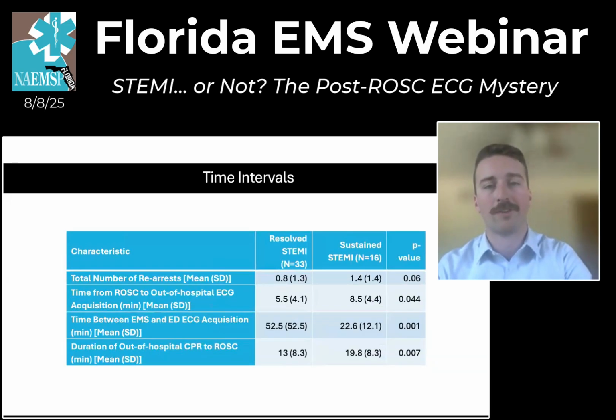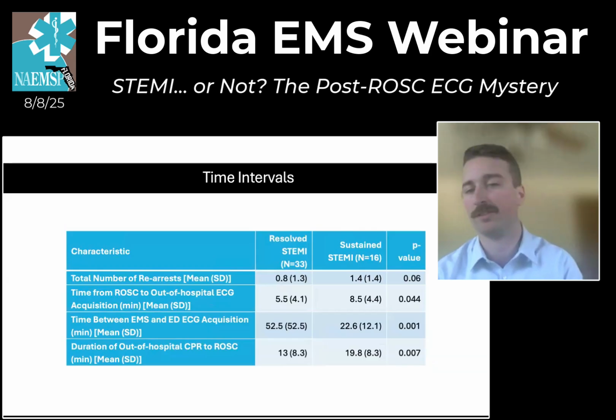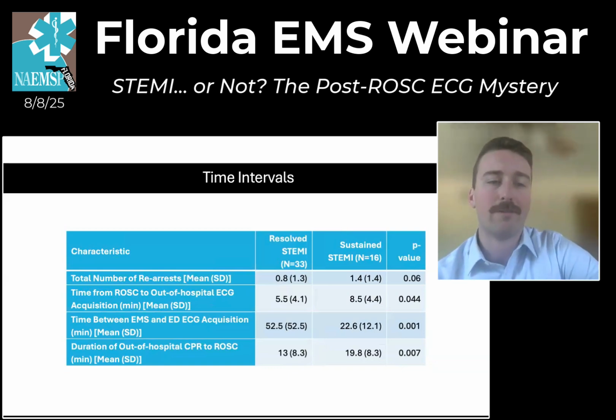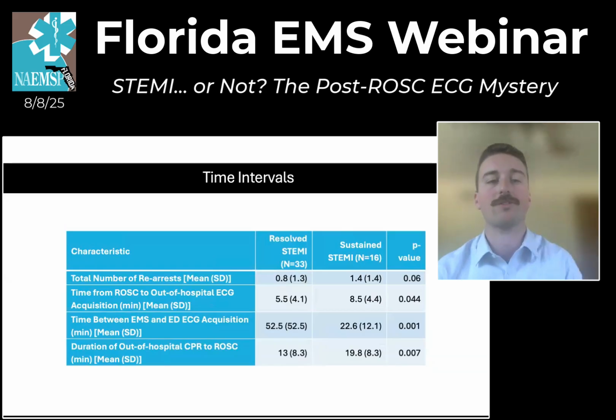We also looked at a number of time intervals related to the cardiac arrest resuscitation. There was an increased number of rearrests in our patients with sustained STEMI, and that just crossed statistical significance. So there's a signal there, but it just barely hit the 0.05. Additionally, we looked at a couple different time parameters here, and these are quite interesting, I think.